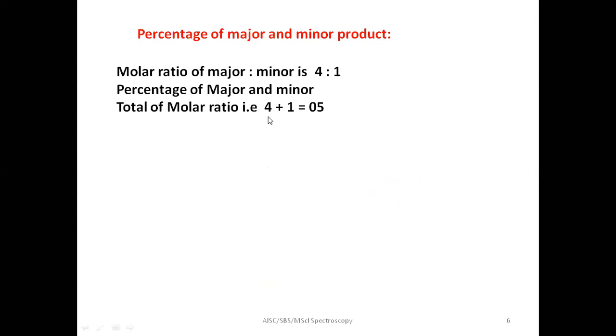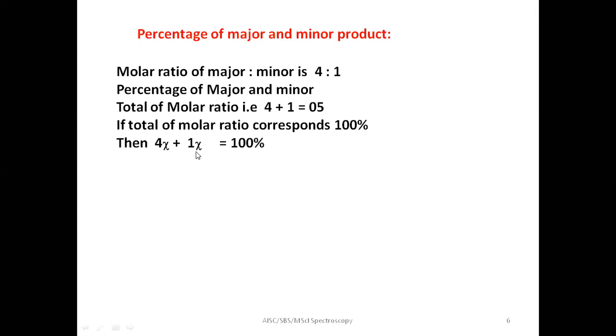The total is 5 molecules like this. So if the total molar ratio corresponds to 100%, we get the term 4x plus 1x equal to 100%. So x is a common factor. Calculate x, and you get the percentage of major and minor.